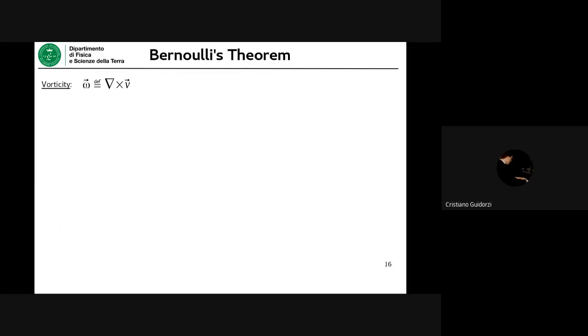To do that, let's define the so-called vorticity. Let's suppose we have a velocity field which describes the velocity of our fluid. Let's define the curl of this velocity field as omega, and we call it vorticity. Why? Because if vorticity is non-zero, by Stokes' theorem, it means that there are some closed paths along which you have some current.